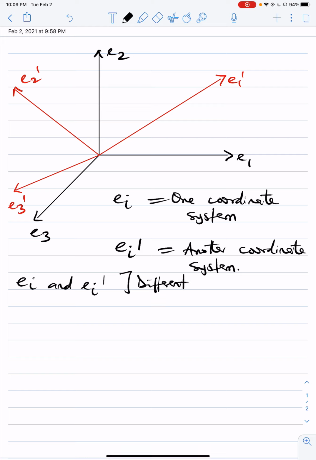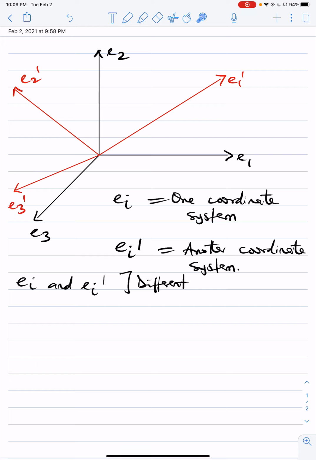You can rotate E1 to become E1 prime. You can rotate E2, this vertical one, to become E2 prime. You can rotate E3 to move this way too, to become E3 prime, right?